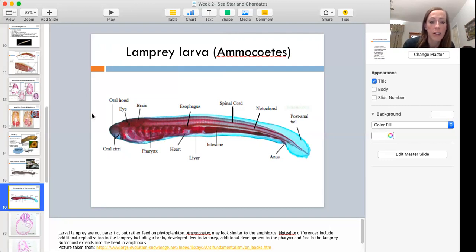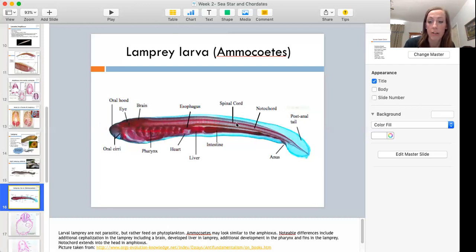We're going to take it from the most rostral section of the lamprey, and we're going to move back. So you've got the oral hood, and that is surrounded by cirri, little tentacles, right? Similar to the Amphioxus. Behind that, you can see an eye, which you don't see in the Amphioxus. You can make out a little bit of an enlargement, which is their brain, and that extends down.